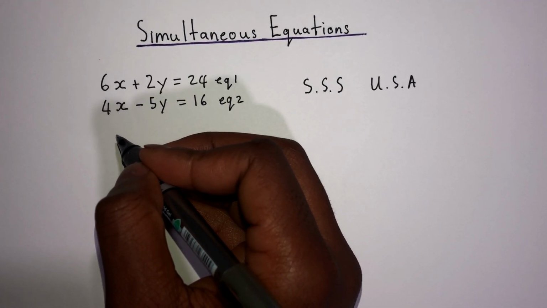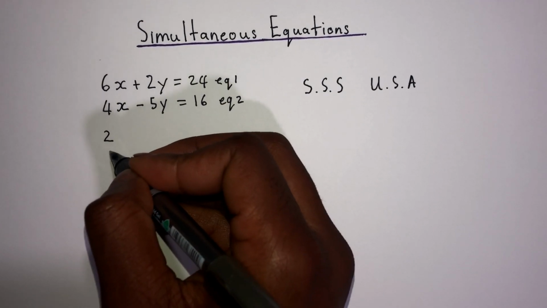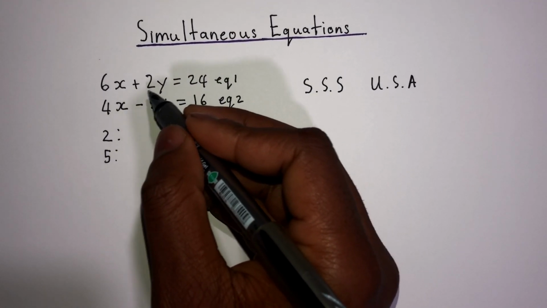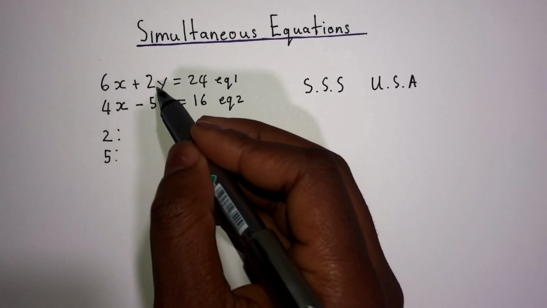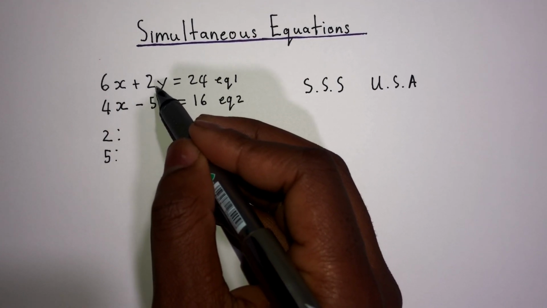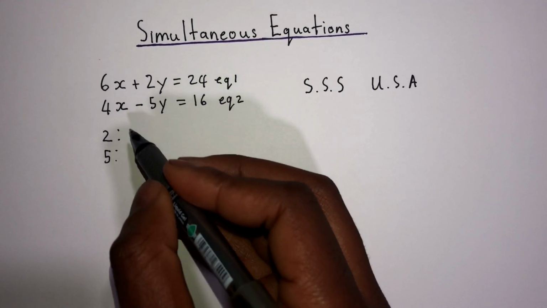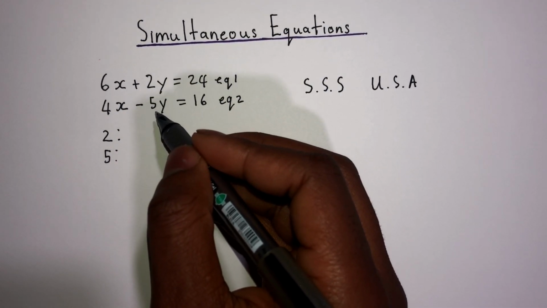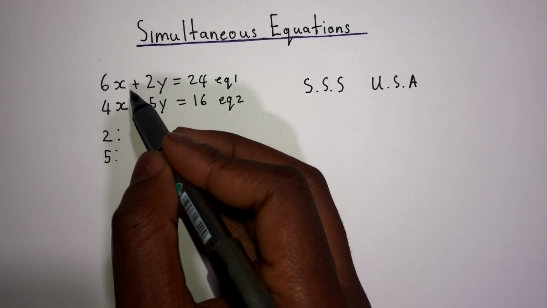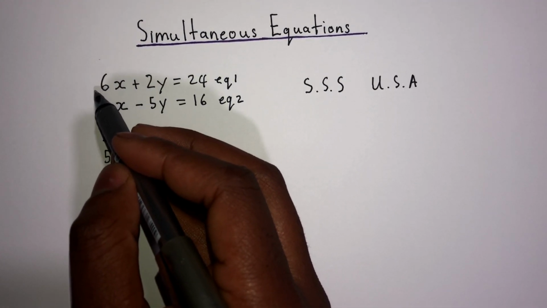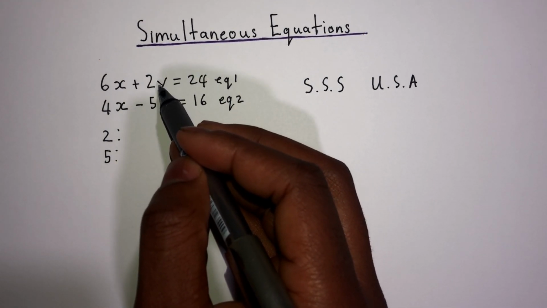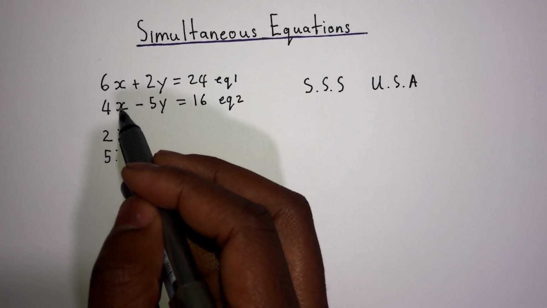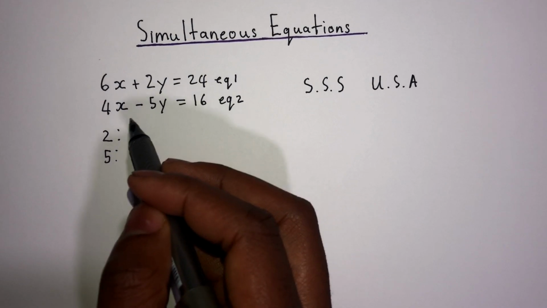So we need to find the LCM of 2 and 5 and then multiply equation 1 so that we get 2y to be equal to the LCM, which based on my calculation I know is 10. So we need to multiply equation 1 by a number that will get 2y to be equal to 10y, and equation 2 by a number that will get 5y to be equal to 10y.